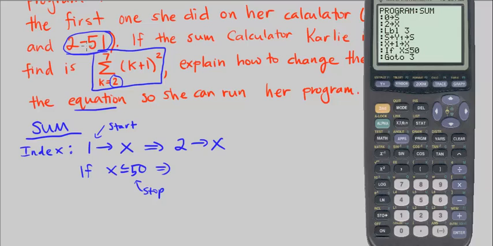If you want to change this to stop at 7, you change it to if x is less than or equal to 7.